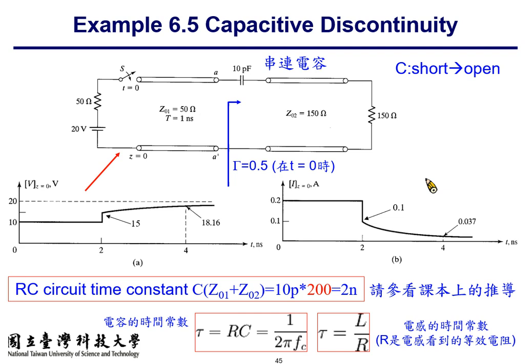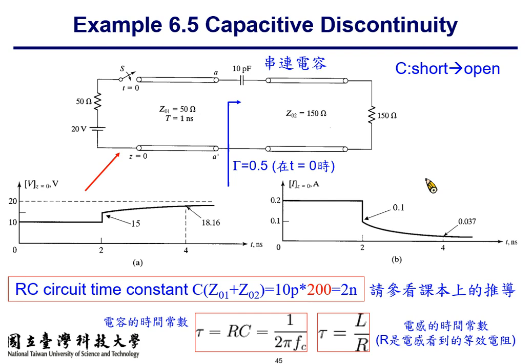It plays in the middle of the transmission line. And the value of the capacitor is 10 picofarad. So the first thing we need to find here is the time constant. Okay? So for the capacitor, what is the time constant?